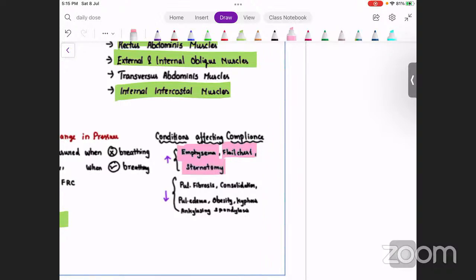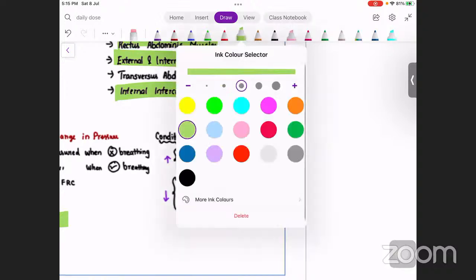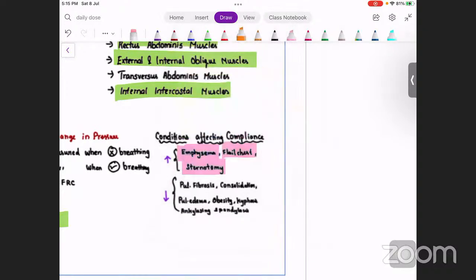The ones that can decrease your lung compliance, you're going to mark it in red: pulmonary fibrosis, consolidation, pulmonary edema, obesity, kyphosis, and ankylosing spondylosis.